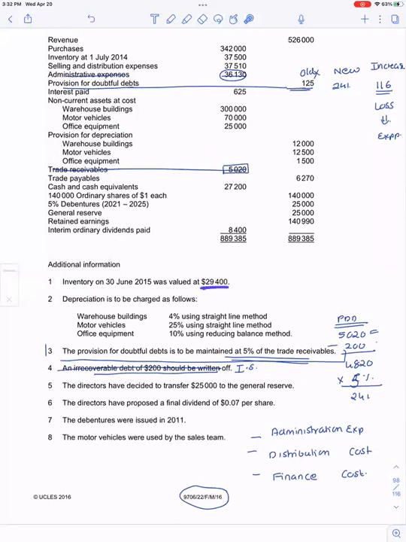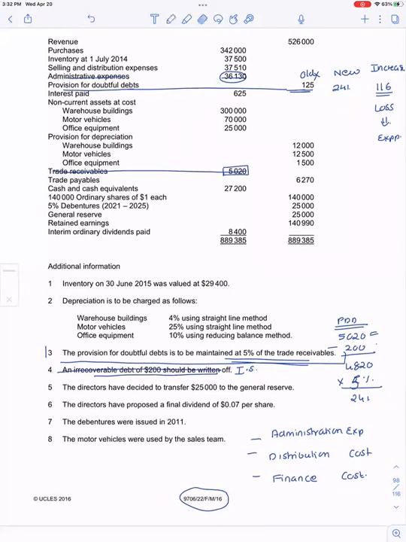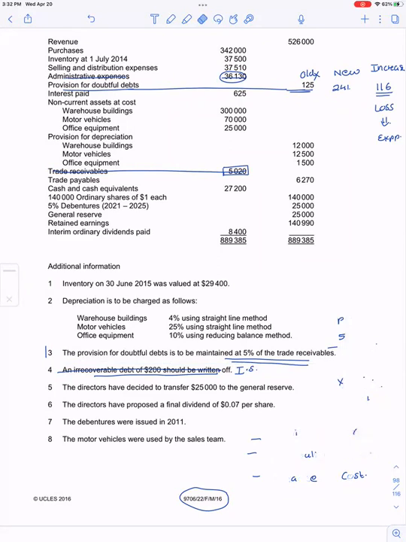Closing inventory 29,400. Tell me, where will closing inventory come? Cost of sales. And one more place where it comes? Current assets.